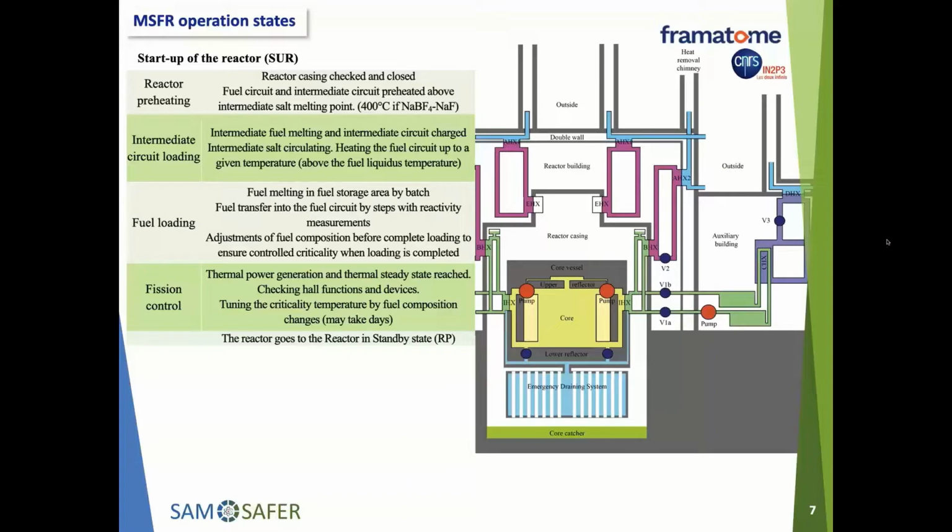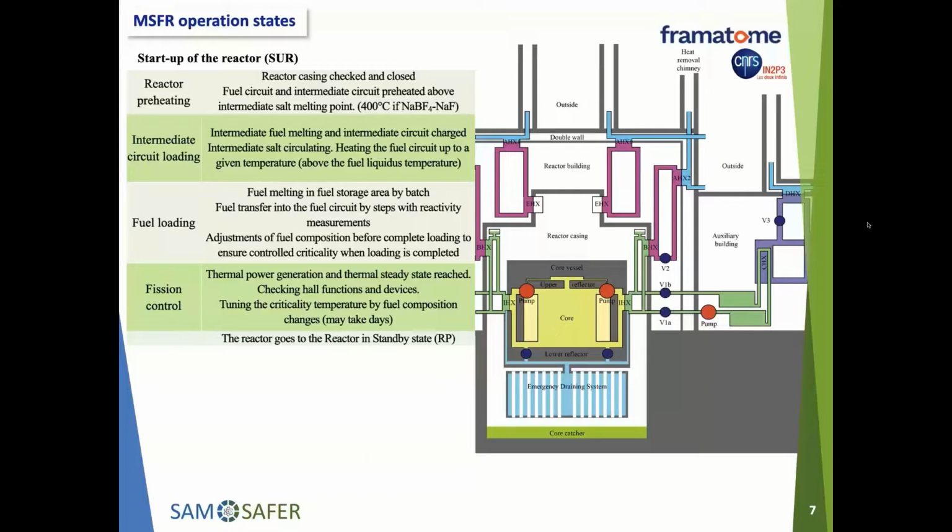Then we'll put it in circulation, and the intermediate fluid is circulating in the walls of the reactor. By circulating the intermediate fluid, we can heat the walls of the reactor and then the fuel circuit. Then we will melt the fuel in a fuel storage area, and then by batch we will add the fuel to the reactor.